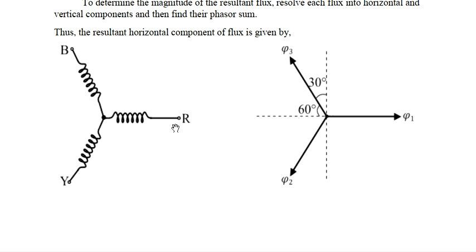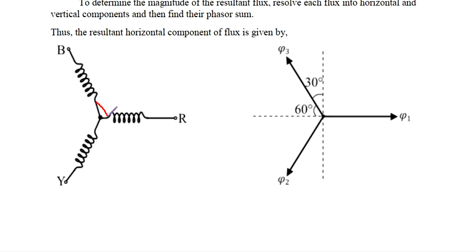So these are the three coils which are separated by 120 degrees from each other, right? So this angle is 120 degrees, and this angle is 120 degrees, as well as this angle is 120 degrees. This is the displacement, like they are angles in space, that you need to understand.